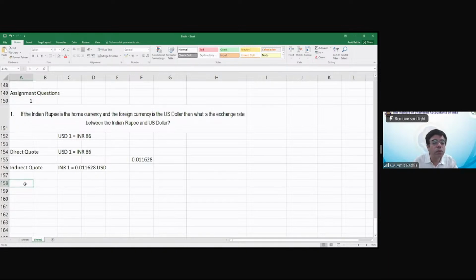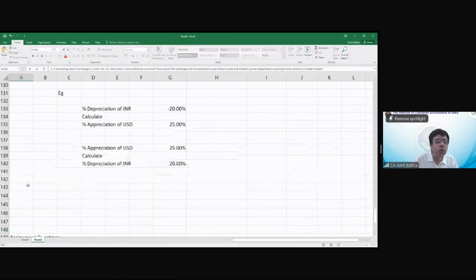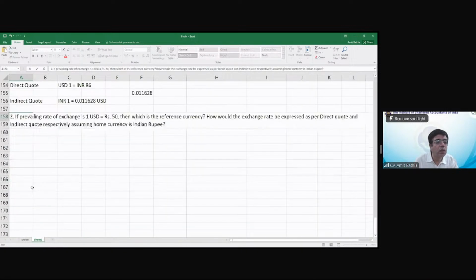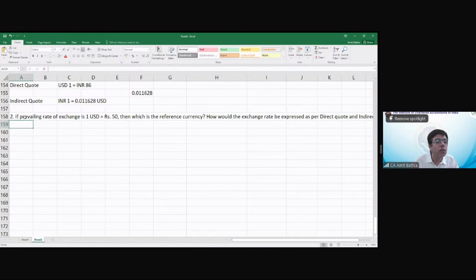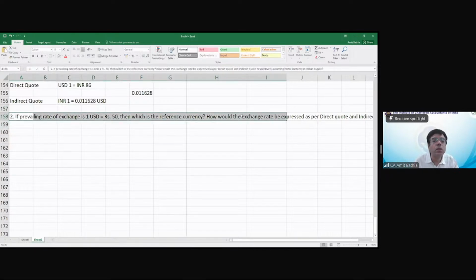Question number 2. If the prevailing rate of exchange is 1 USD is equal to rupees 50, then which is the reference currency? How would the exchange rate be expressed as per direct quote and indirect quote respectively, assuming home currency is Indian rupee?